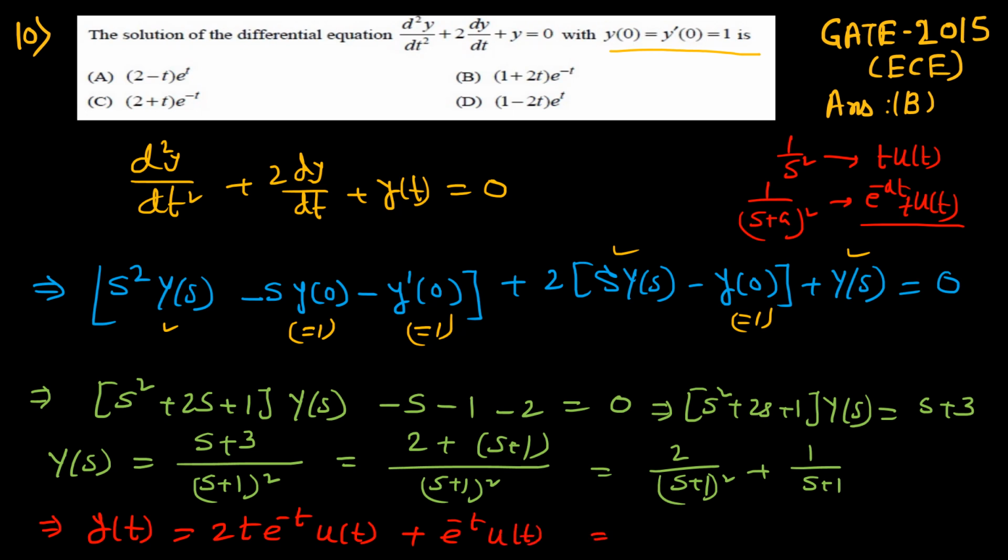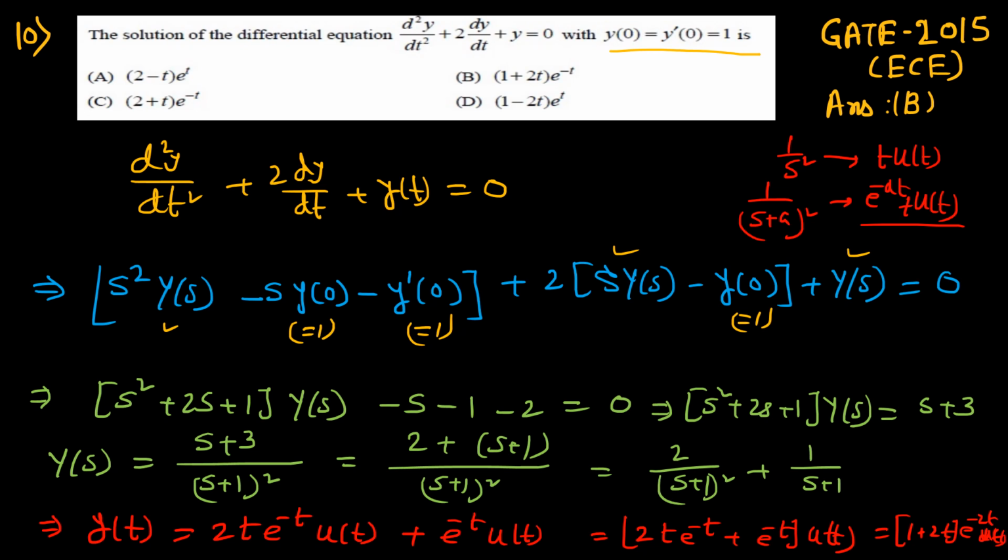Okay, so what will we get? 2t e to the power minus t plus e to the power minus t u(t). Okay, so the answer is B, because it is this one. So we can take common: 1 plus 2t e to the power minus t u(t).